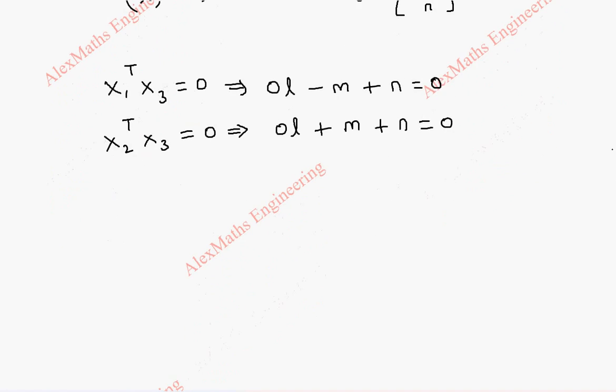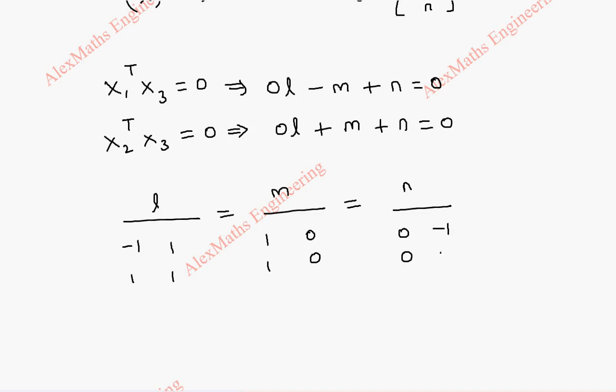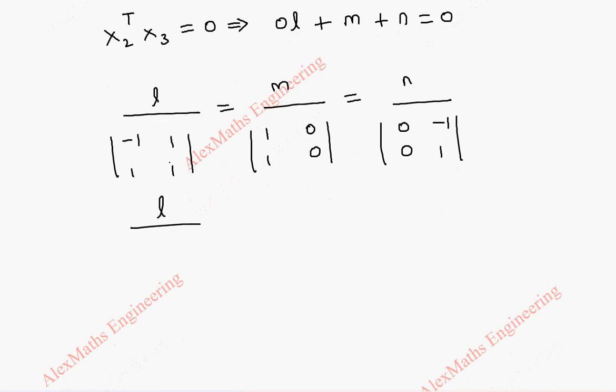We are going to follow the cross multiplication method. So L by minus 1, 1, 1 and 1, and M by 1, 1, 0, 0, and N by 0, 0, minus 1, 1. So we calculate this: L by minus 1 minus 1, so minus 2, and M by 0, and again N by 0.